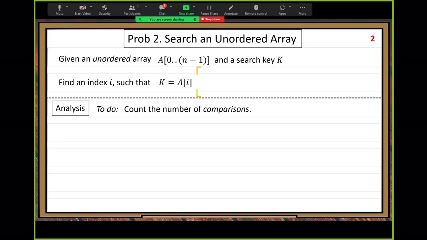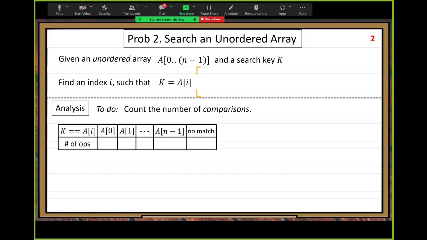So how to represent efficiency? We need to use the number of comparisons used by this algorithm. So let's do a chart to list all the possibilities, because you may have many possibilities. So here I use this chart to cover all the possibilities. The first one, K equals A of 0.